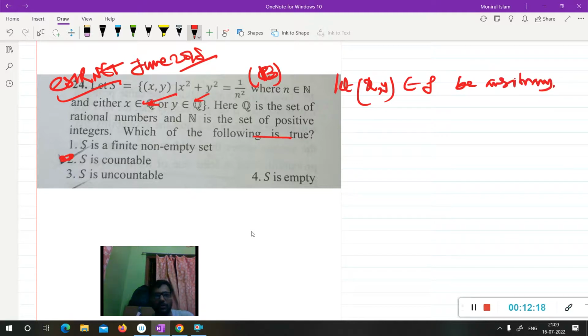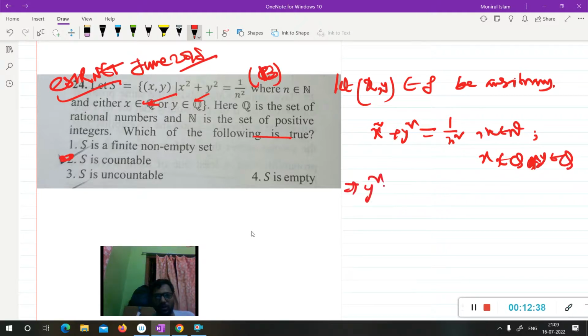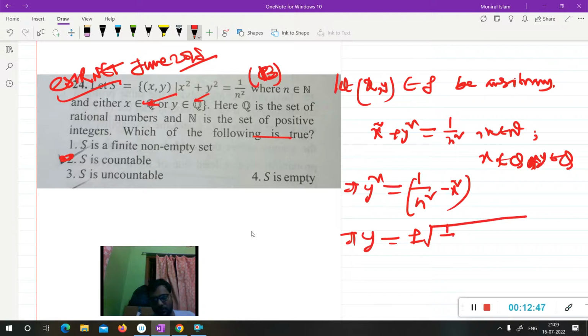So (x, y) must satisfy the equation x square plus y square equals 1 upon n square, where n belongs to the natural numbers, and x and y are rational numbers. From here you can write y square equal to 1 upon n square minus x square, so y equals plus minus root under 1 upon n square minus x square.